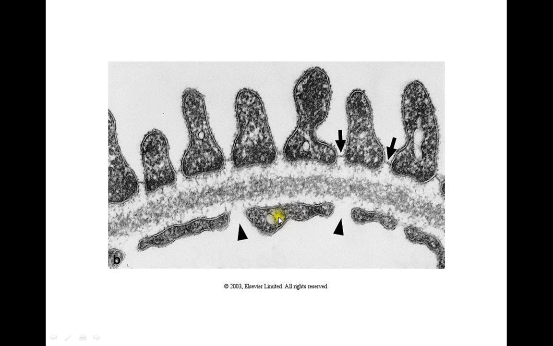The endothelial cells have a negative electric charge, and because of this they repel proteins. Most of them also have a negative electric charge, so they are repelled by the endothelial cells.